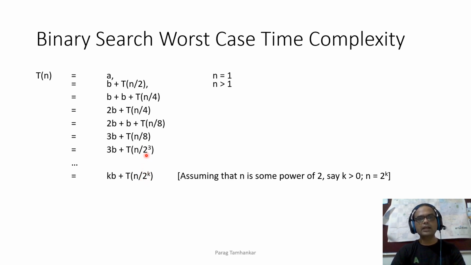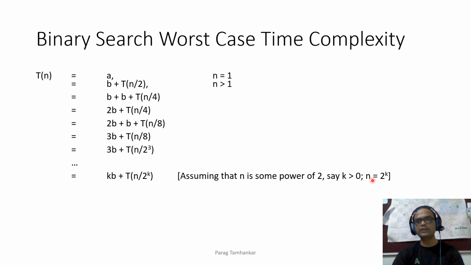Likewise, we assume that n is some power of 2, say k, which is greater than 0. So n is equal to 2 raised to k. What we are doing is we start with n by 2, n by 4, n by 8, eventually n by n. So it would be 2 raised to 1, 2 raised to 2, 2 raised to 3, and then 2 raised to 4, eventually 2 raised to k.